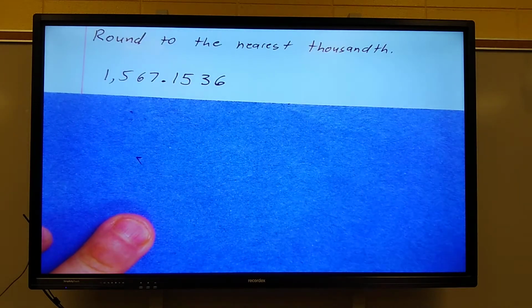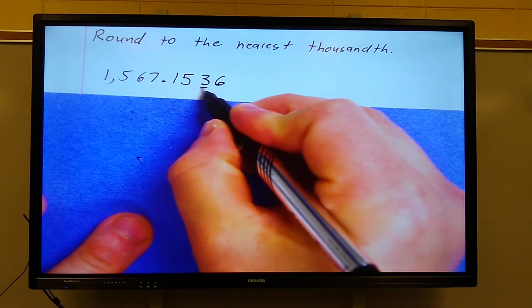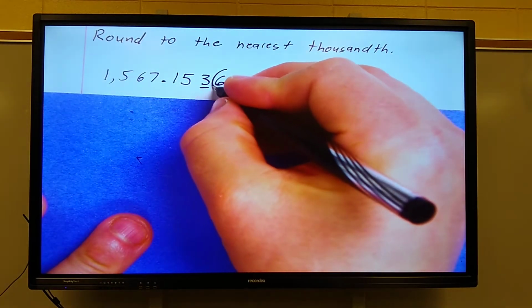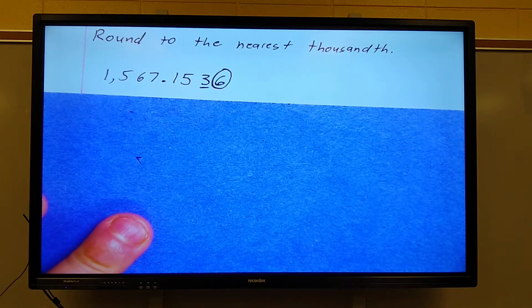Rounding to the nearest 1,000th place. 3 is in the 1,000th place. I must look at the 6, the number to the right. It tells me to round up because 5 and greater, you round up. 4 and less, you round down.